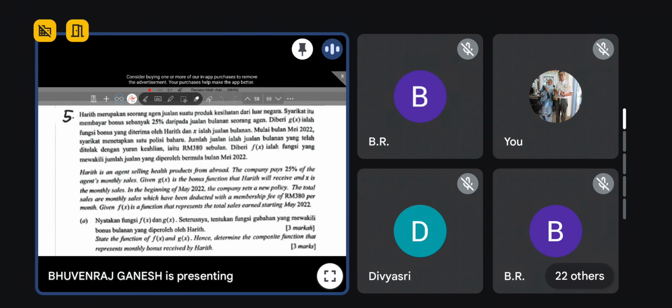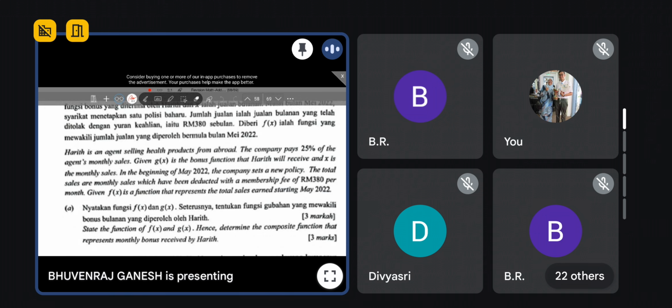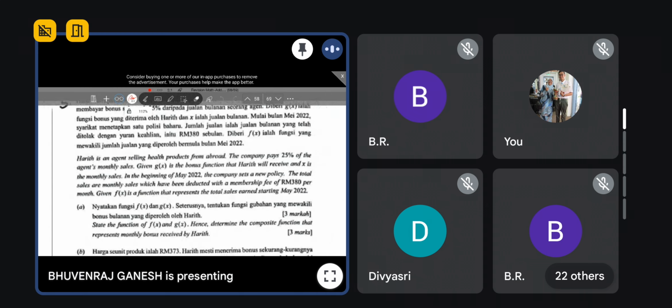Okay. So guys, this type of function question, this one is not common. Dia tak biasa because they give you a situation. So this is actually an application question. Soalan aplikasi for bab fungsi. So let's read the question. They tell you that gx is the bonus function. Fungsi bonus yang dia akan terima. x is the monthly sales.